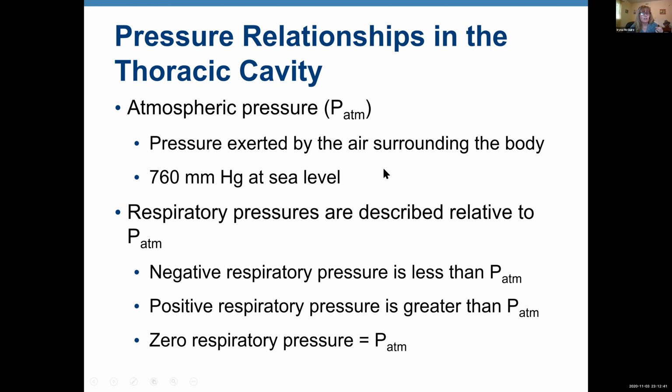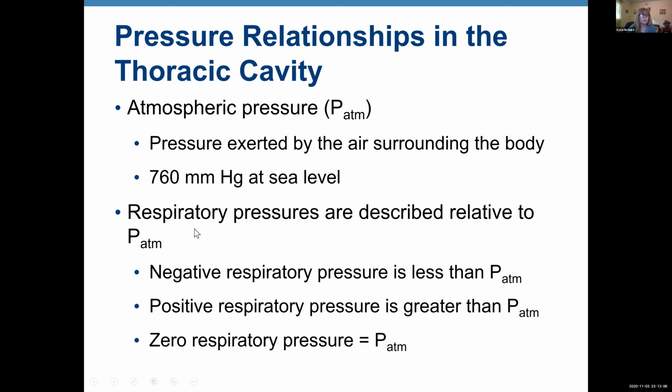But it is a pressure, and it equals 760 millimeters of mercury at sea level. If we move to high elevation, this pressure decreases a little bit. When you go below sea level, this pressure goes up. But at sea level, that's the number, 760. So that's regular atmospheric pressure.